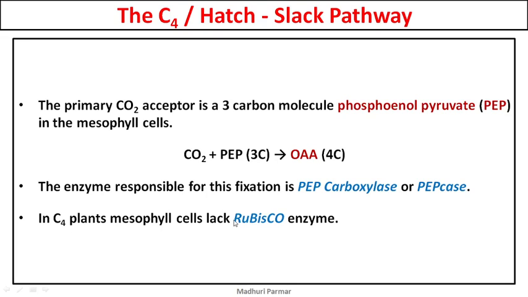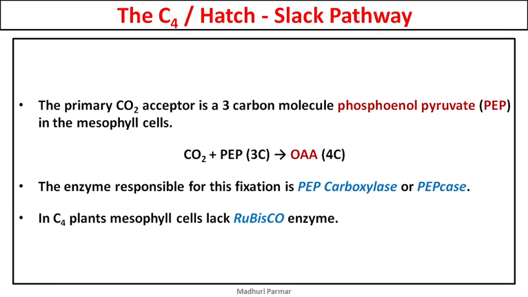So when life originated, when the first photosynthetic cells originated, at that time the atmosphere was reducing. There was not much oxygen present in the atmosphere. So this enzyme Rubisco developed at that time. Later on, the enzyme remained the same, but now there is more oxygen in the atmosphere compared to carbon dioxide.